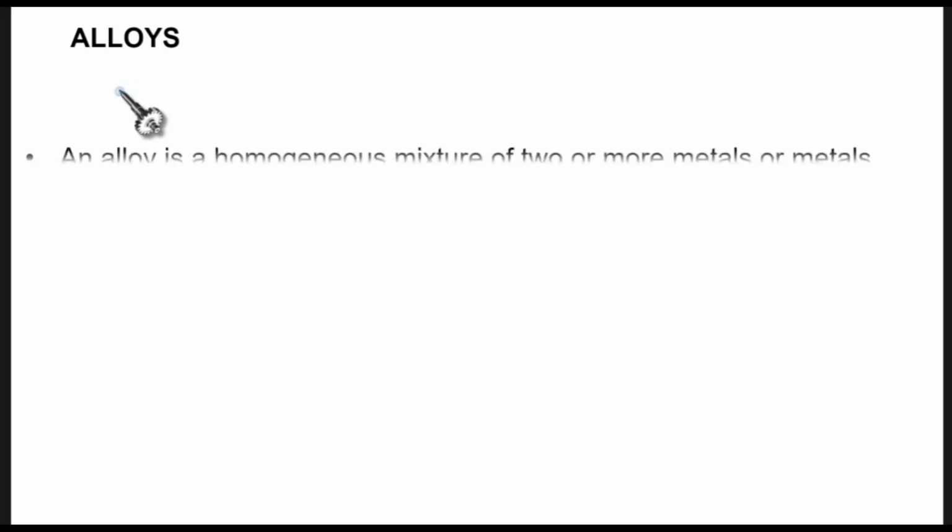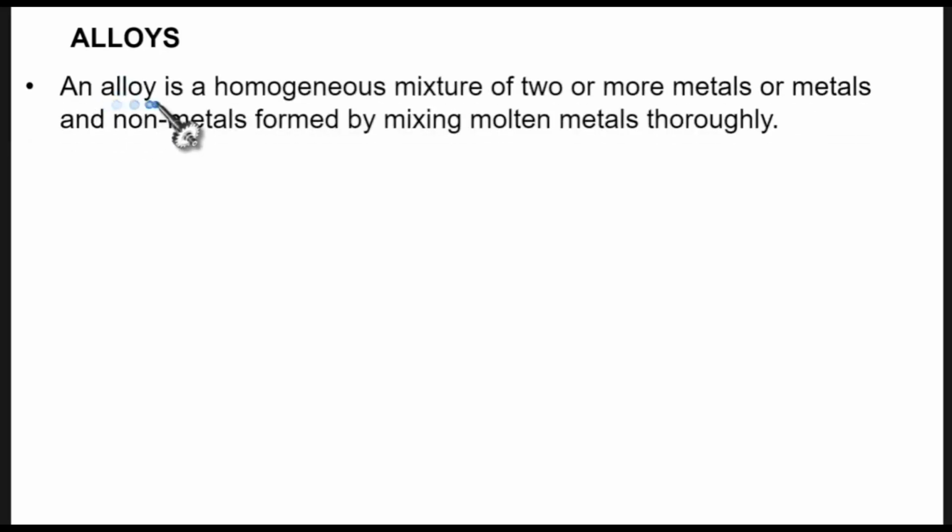So without wasting much of your time guys, you should know that an alloy is a homogeneous mixture of two or more metals or metals and nonmetals formed by mixing molten metals thoroughly.